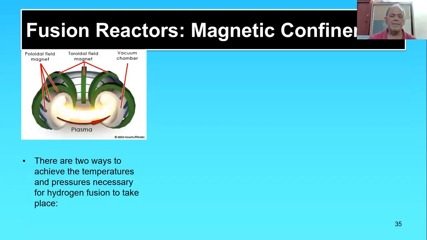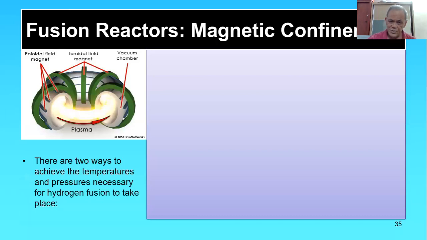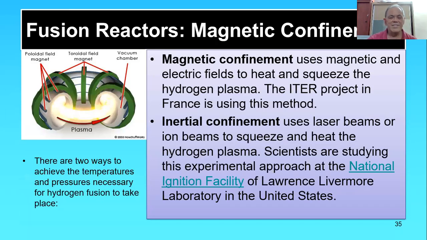Of course, there are problems. Okay, so you can read that yourself just for your general knowledge. We can use electric field and magnetic field to make sure that they move at high speed and collide, and then magnetic field to confine them.